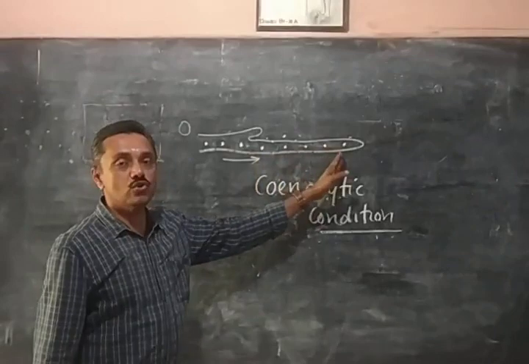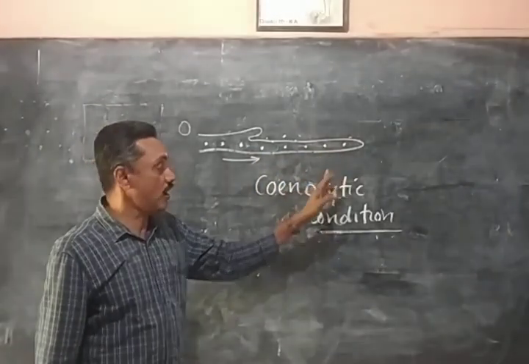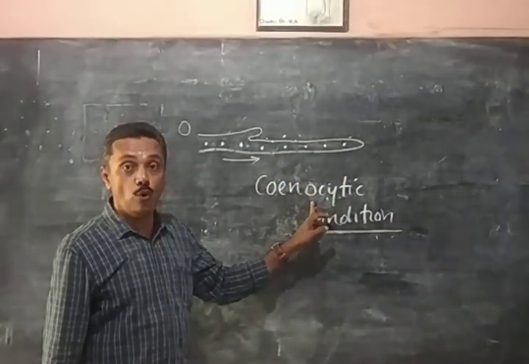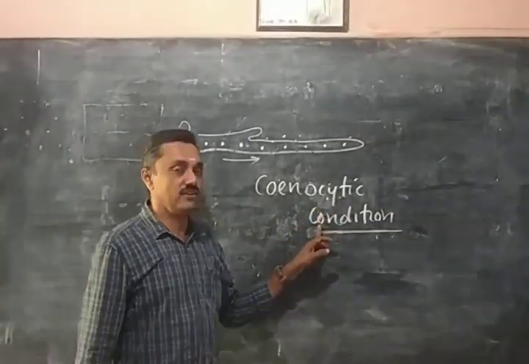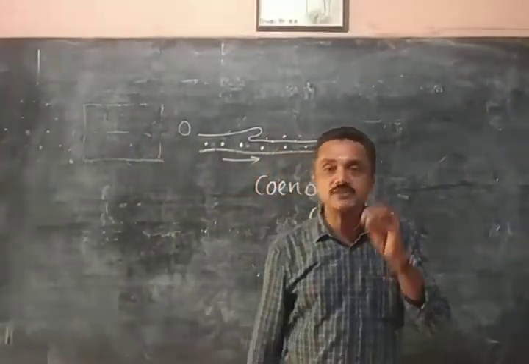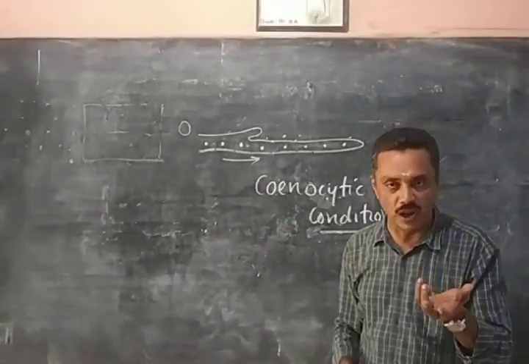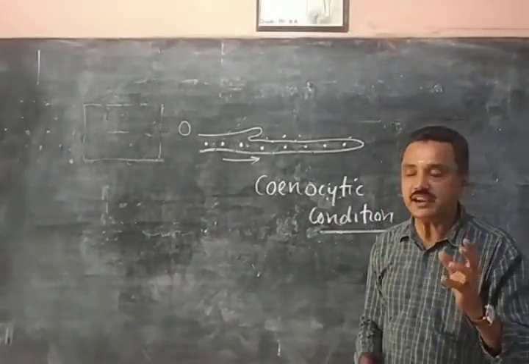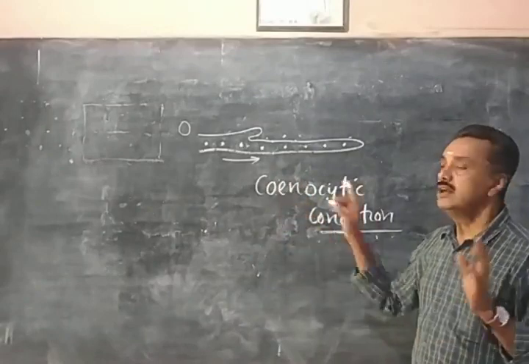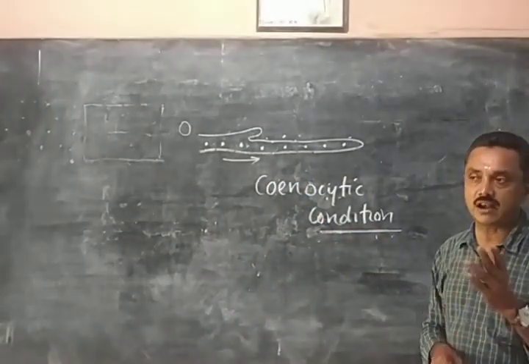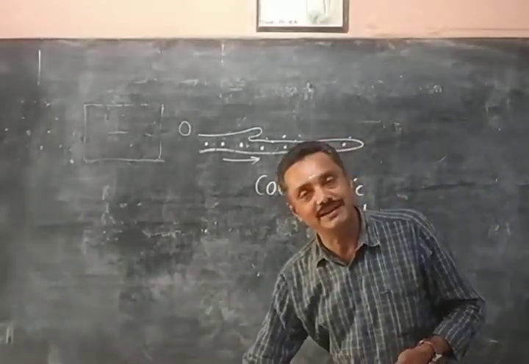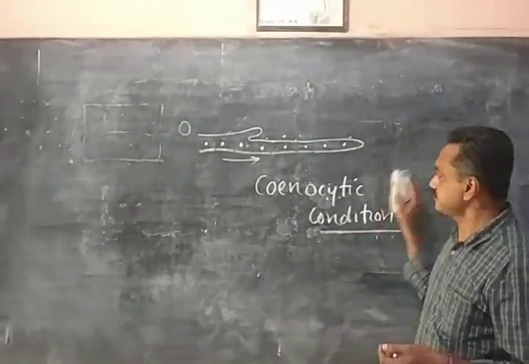Presence of numerous nuclei in a common cytoplasm is called the multinucleated, or cenocytic, condition. Nucleus is singular, nuclei is plural. And so there are two types of hypha, septate and aseptate hypha.